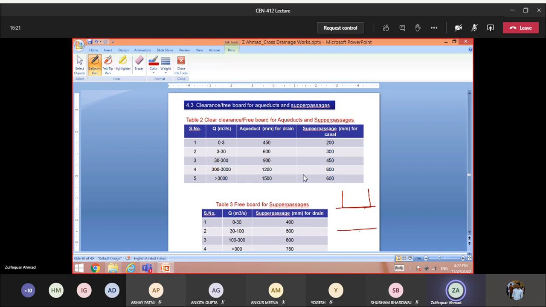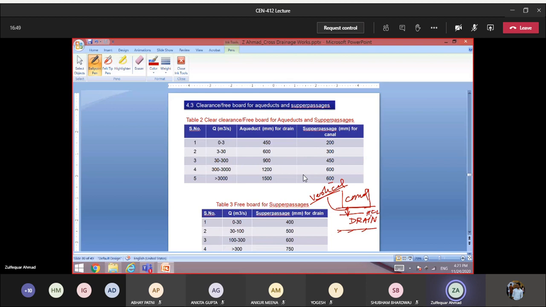So this one is a drain, and this one is a canal. HFL is this much, this is the HFL in the case of the drain. So what would be this vertical clearance, or you can say the freeboard?